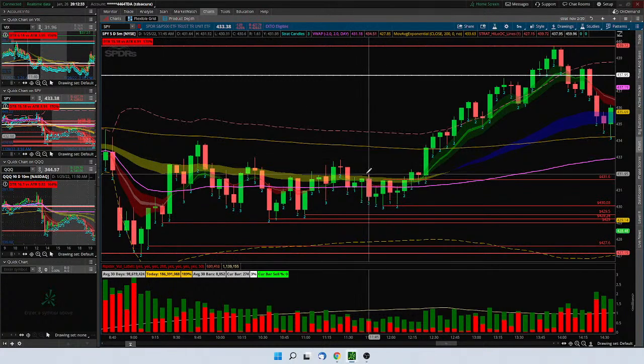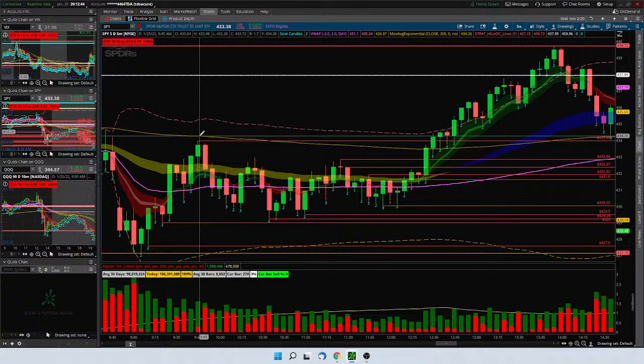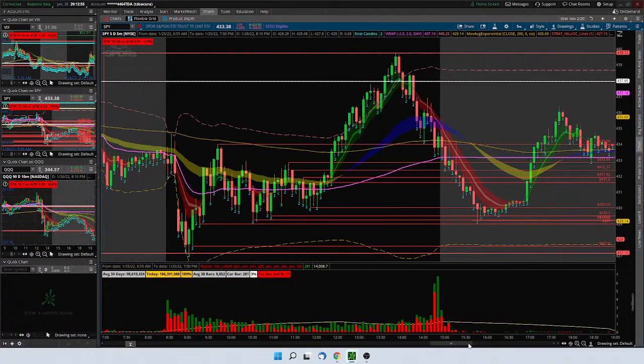Same thing with the upside. Would have been here, here, here, and here. And then if we go out a little farther, see if there's any more candles to get magnitude off of.